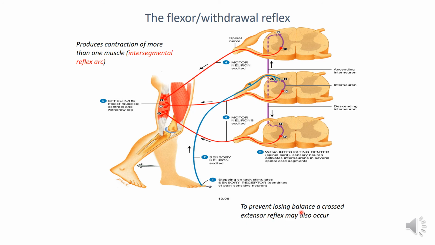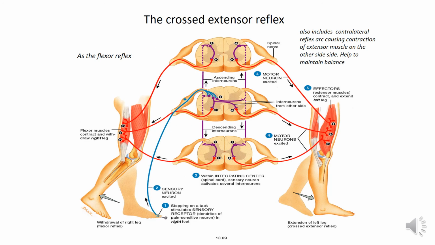But to prevent losing balance, we need to produce the crossed extensor reflex. This limb is going to show flexion, while the other limb is going to show extension. So when the afferent impulses enter the spinal cord, they are going to stimulate the flexors on the same side and stimulate the extensors on the contralateral side.